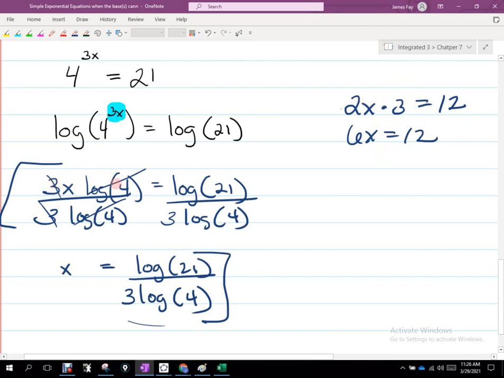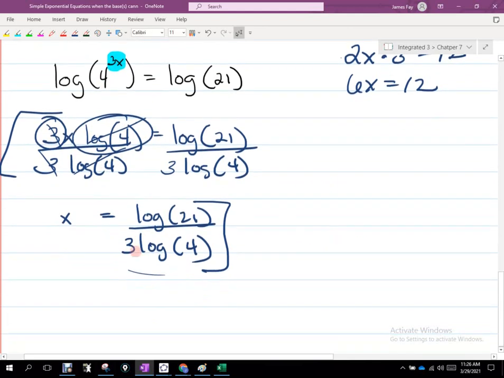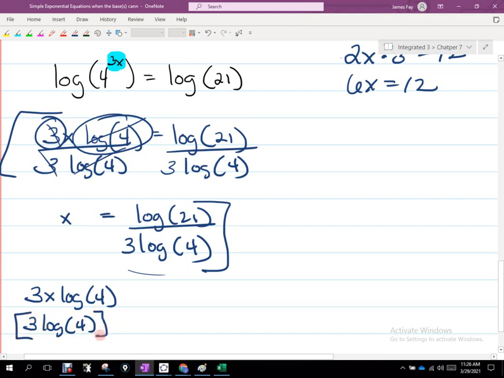When I say 3x log 4, 3 is part of my coefficient, log 4 is part of my coefficient. So if I wanted to rewrite it like this, 3x log of 4 is identical to 3 log 4, whatever that number is, times x.